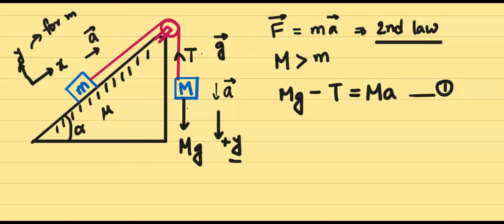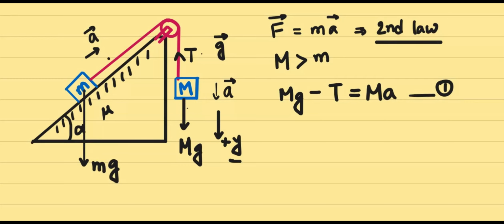Given a mass small m, we can draw all the external forces acting on it. For example, there is a gravitational force which is given by small m times g. There is a tension force acting in that direction, and of course there's a normal force acting on the object by the surface, which is N. Now we can decompose the gravitational force mg into two directions.